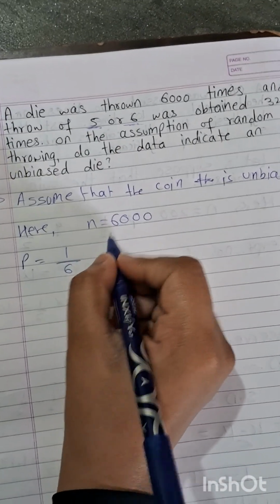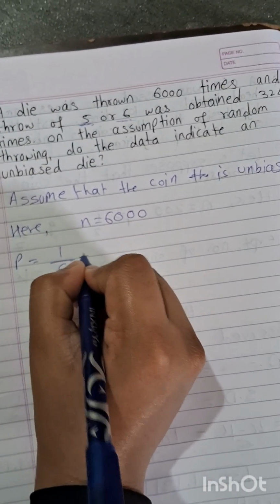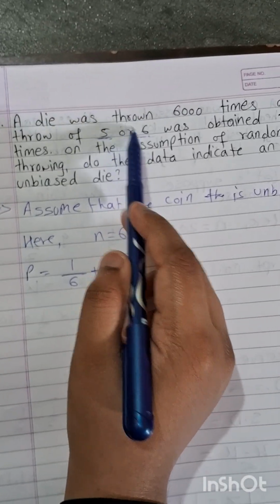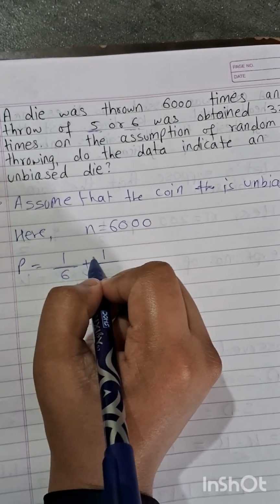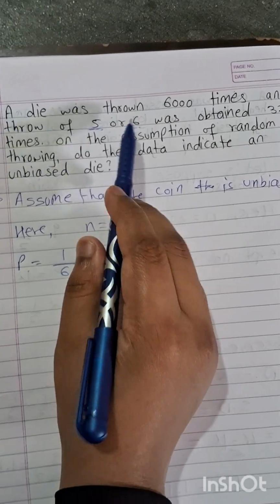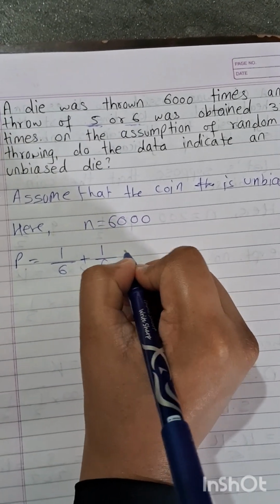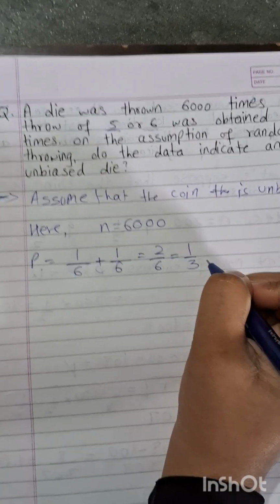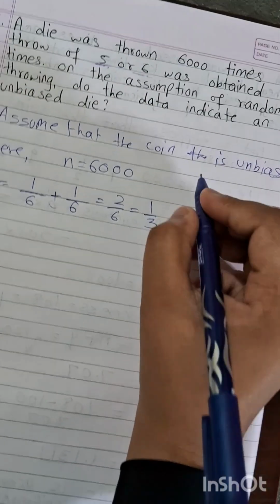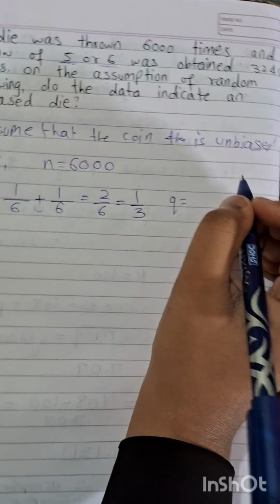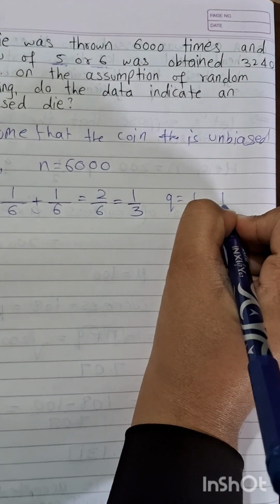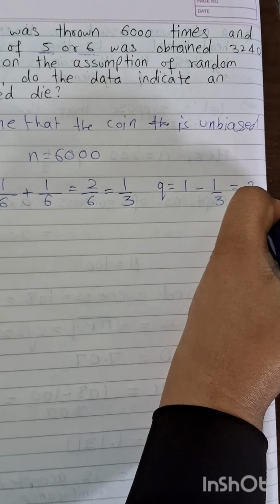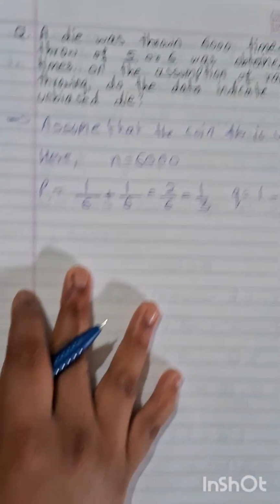So its probability of getting 5 is 1 by 6 plus, because here it's or, you will get plus, probability of getting 6, which is total 2 by 6, which is nothing but 1 by 3. Probability of failure is the complement of probability of success, which is 2 by 3.